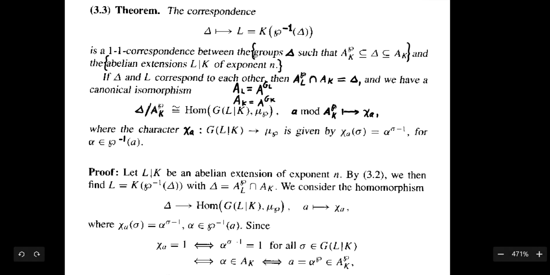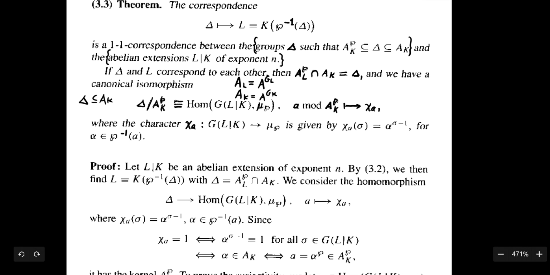In that case, we took delta to be the whole of AK in that remark. In this case, this homomorphism is L. But if you take delta to be AK, then we denote this. What do we call this?